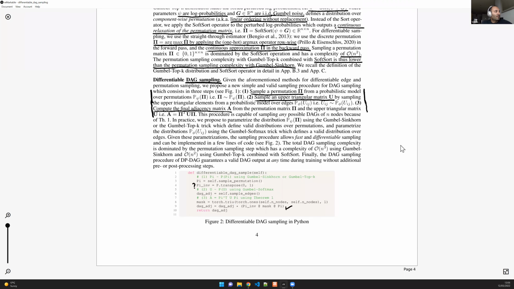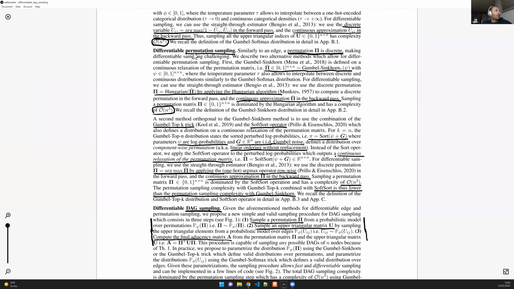Sure. Right. So the other part is doing the sampling in a differentiable way. Again, we do a similar trick. Oh wait, I didn't mention here. So for the permutation sampling, the Hungarian algorithm-based method, which is actually a really old one, has cubic complexity.